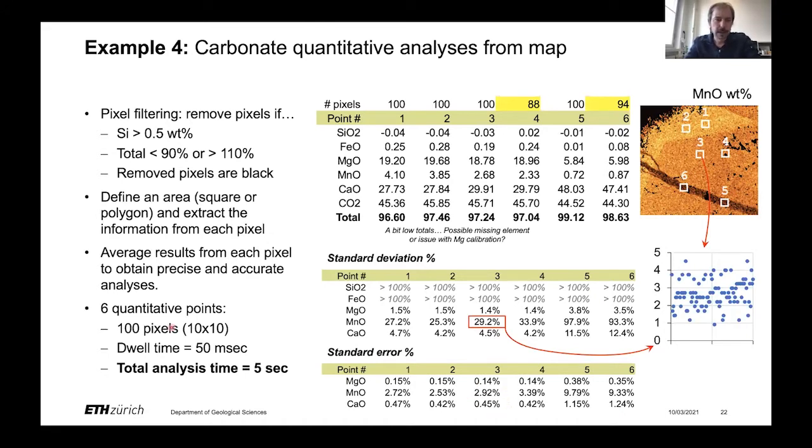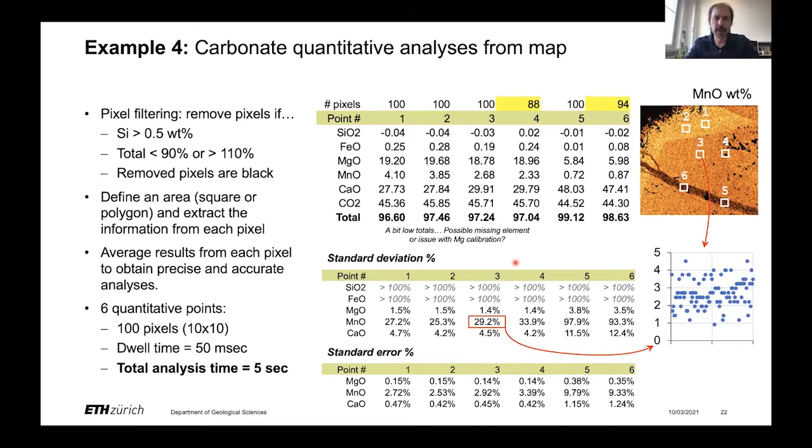To sum up, with these 100 pixels, and considering our dwell time, the time we spend on each pixel, which is here 50 milliseconds, each analysis represents a 5-second analysis. So you can imagine that this is relatively short and probably leads to some relatively imprecise results.